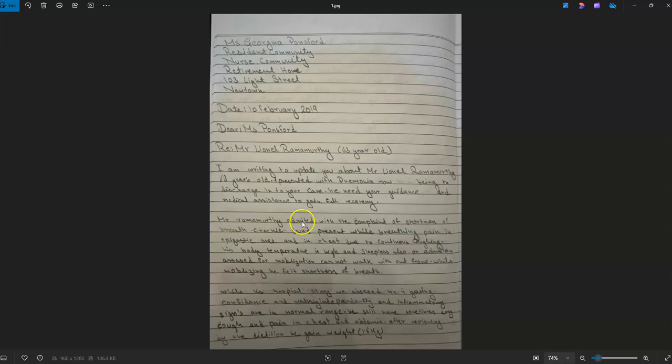So Mr Ramamurti was admitted complaining of pneumonia, but here with the complaint of shortness of breath, crackling sounds present while breathing, put a comma, pain in the epigastric area, put an article there, and in the chest due to continuous coughing, that should be capitalized. His body temperature is high, was high, and sleepless also. What, he was sleepless.